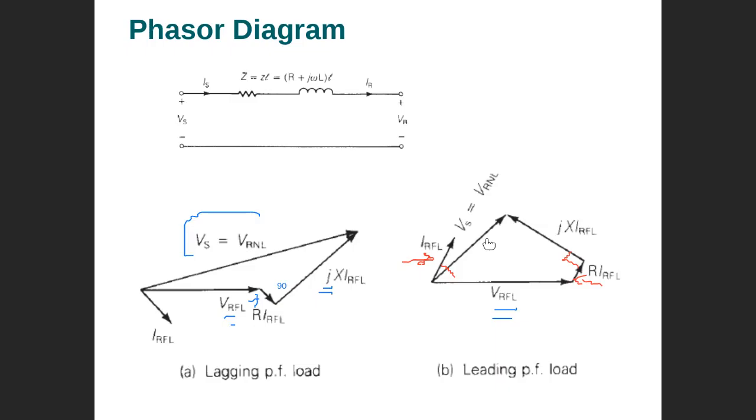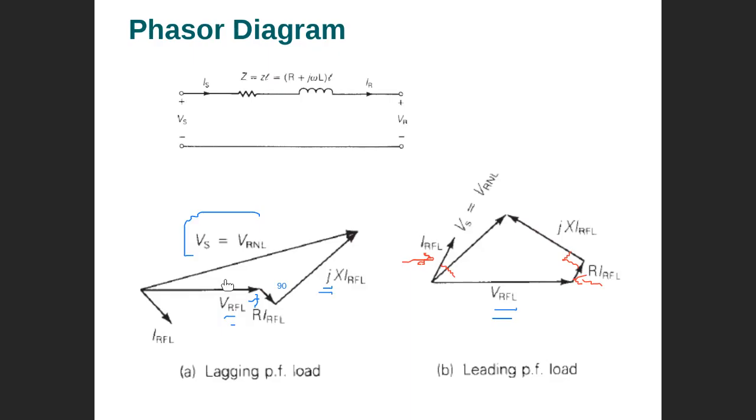Now the receiving end no load is lower than VR full load, or maybe the same, or lower in magnitude. So VR full load, because of the leading power factor.